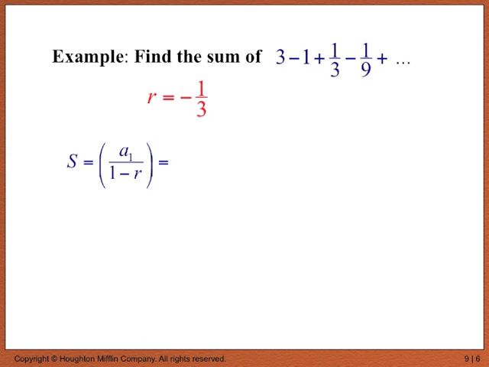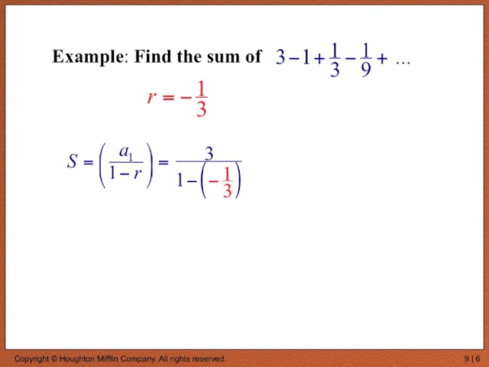We can see now that r, this negative 1/3, has an absolute value less than 1. Therefore, this formula applies. Once we've determined that we can use the formula and that the sum doesn't increase without bound, it's just a matter of chugging and plugging.